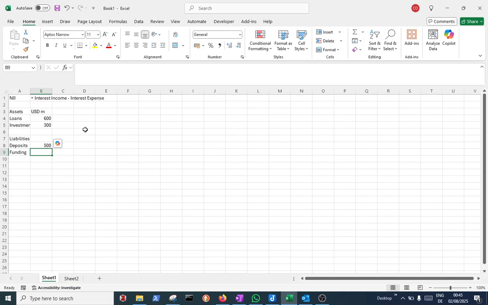But in this particular case, let's imagine we have 200 million US dollars of funding. Here we have only listed the assets and liabilities which generate interest. So let's sum up. How much do we have? 500 plus 200 will make 700, and 600 plus 300 will make 900.